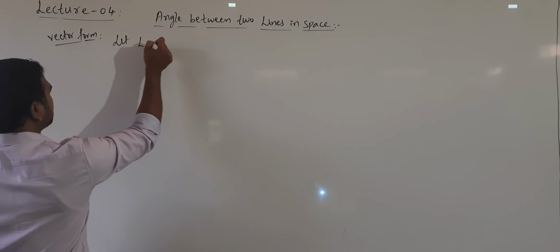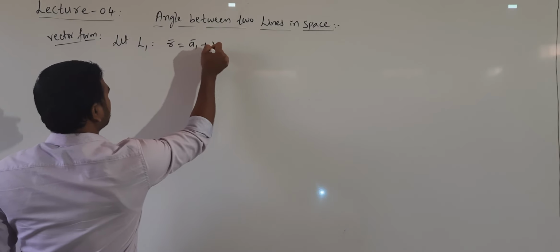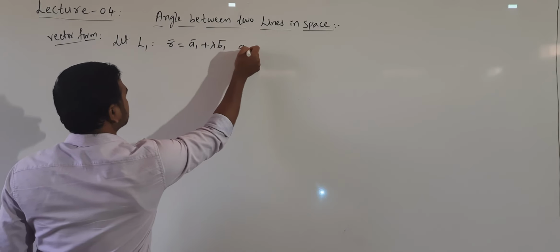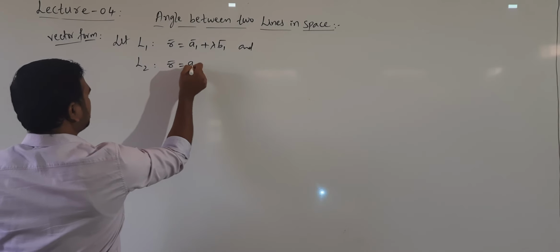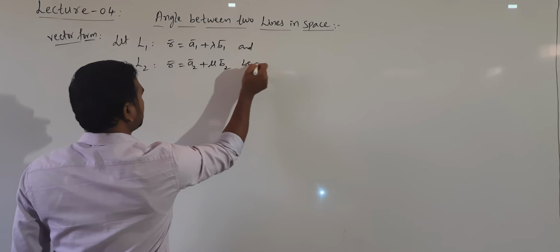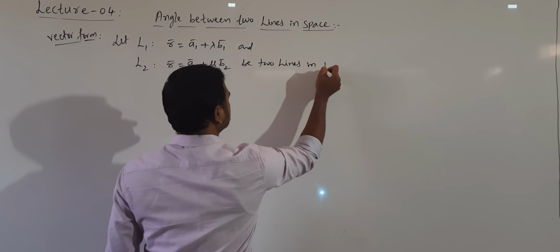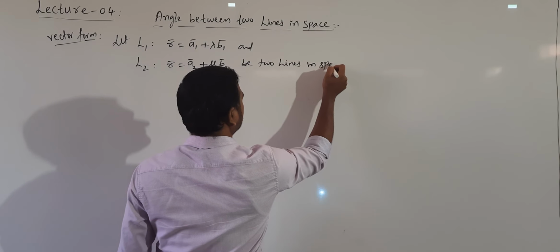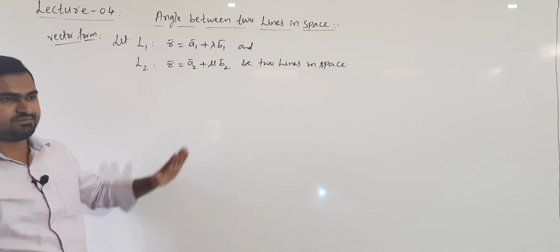Let L1 be the equation r bar equal to a1 bar plus lambda b1 bar, and the second line L2 be r bar equal to a2 bar plus mu b2 bar. These are the two lines in space we are taking.